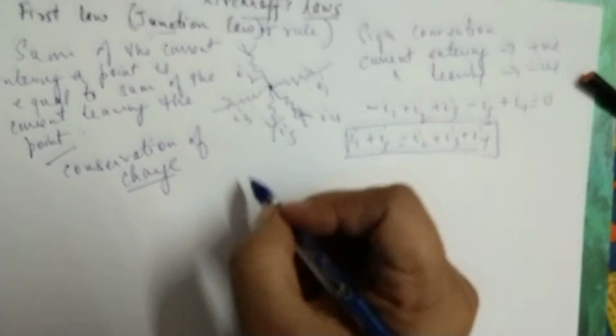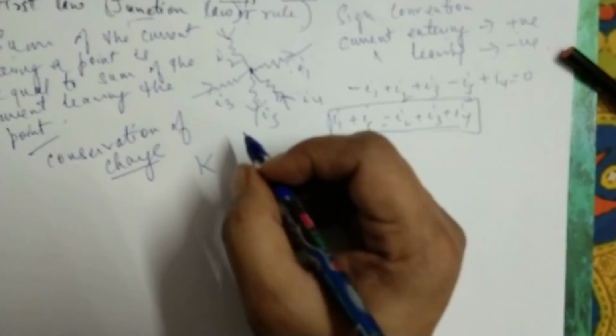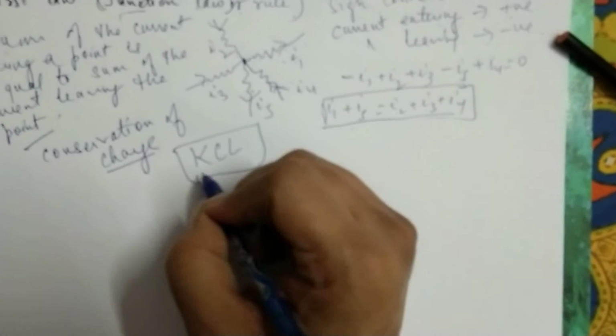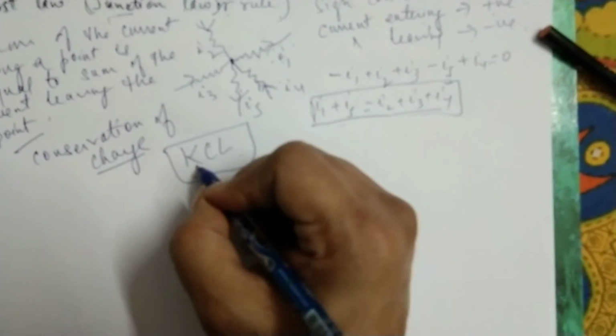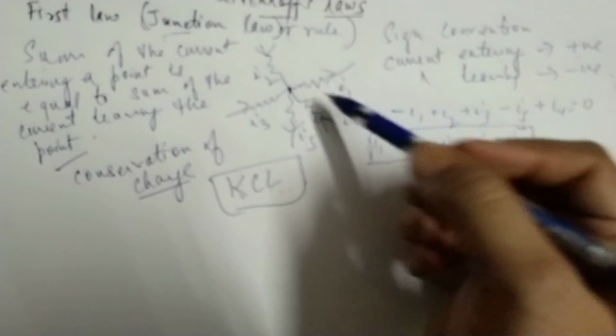This first law we also call KCL, Kirchhoff's current law. It is very simple to understand.